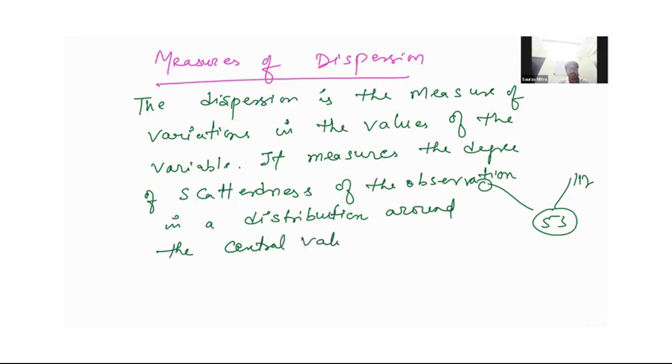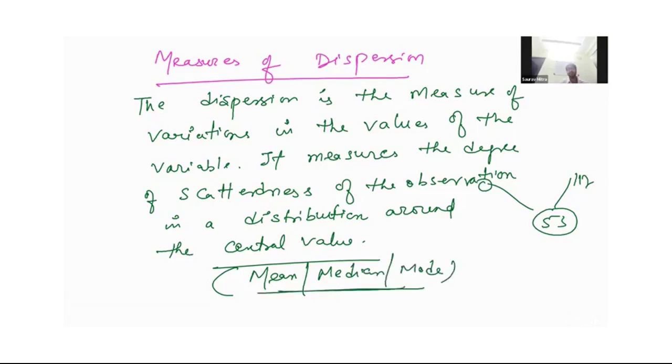That central value means the central tendency: mean, median, mode value. Everything we are expecting comes from this value only. From seeing this, we are predicting that our outcome values should be like this. So this dispersion will give you the perfect answer.